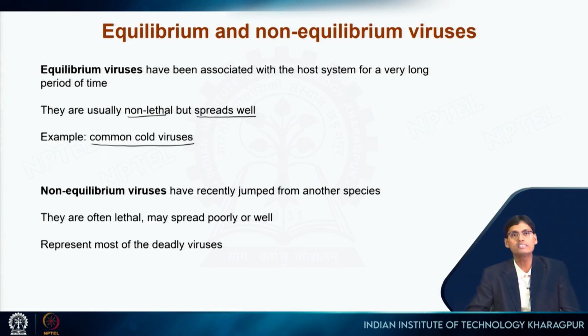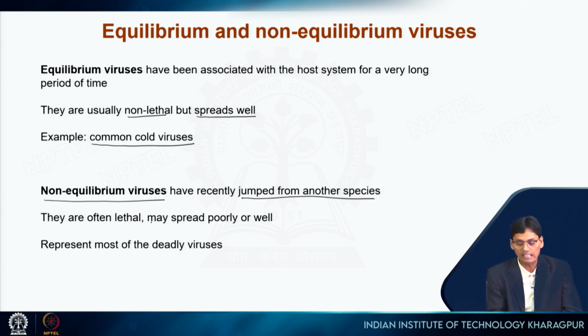On the other hand, non-equilibrium viruses have jumped from another species. That means they are not in equilibrium with the host, and they are often lethal. They cause different types of deadly disease, even in humans, and they may spread poorly or well; both can happen.